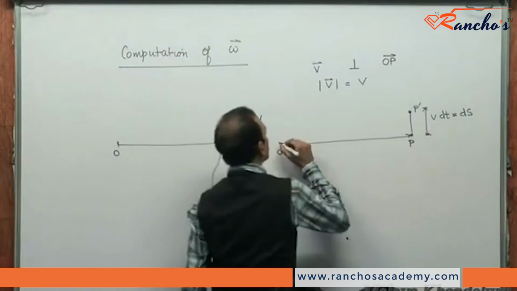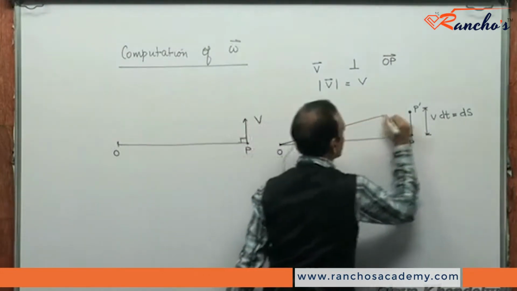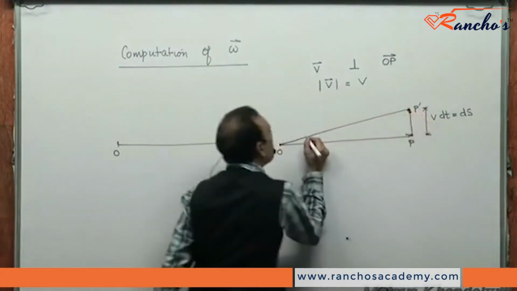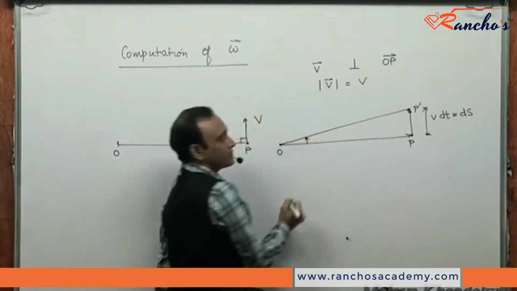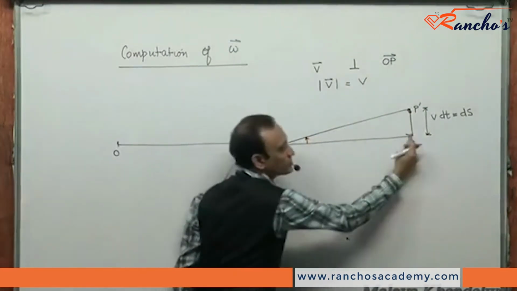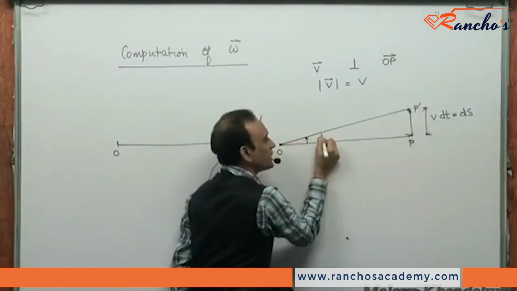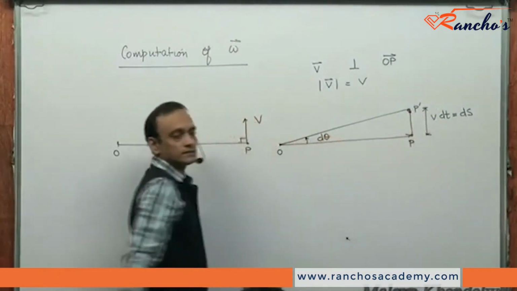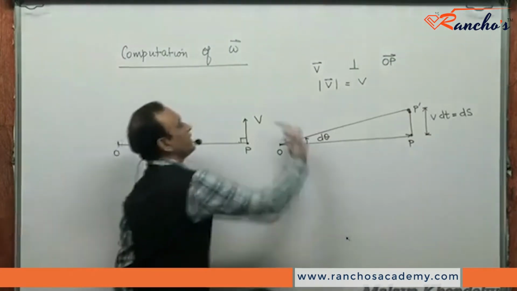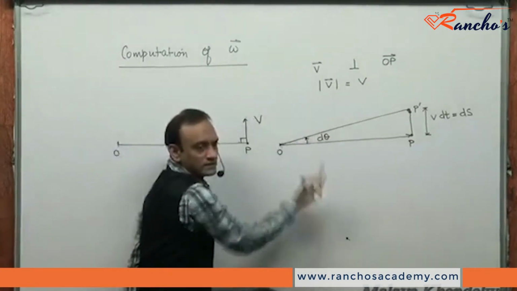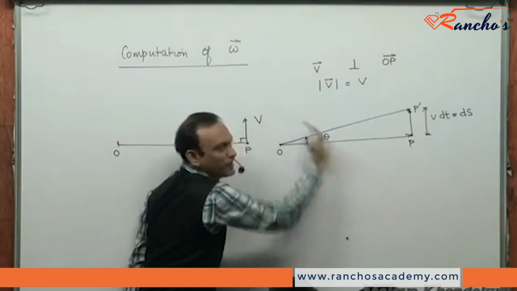Now, do you realize that OP has got reoriented within a small time dt? OP was this. Now this is my new OP, right? So there is an angular displacement d theta, which is this. There is an angular displacement, in this case anti-clockwise, of an amount d theta.